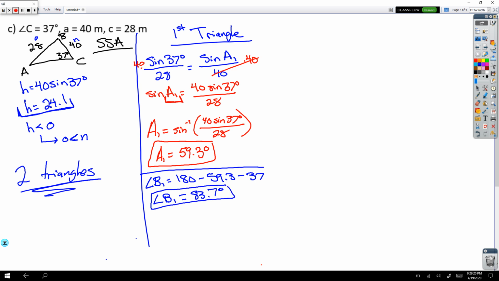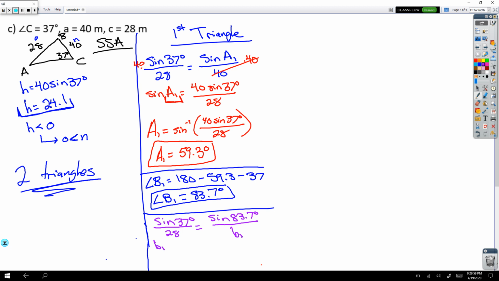Almost done with the first triangle. Now I have angle B. Now I just need side B. So again, we're going to go back to the law of sines. So we have sine of 37 degrees over 28. And now I'm going to do the B's. So sine of 83.7 all over little b sub 1, right? So the side length for the first triangle. Cross multiply.